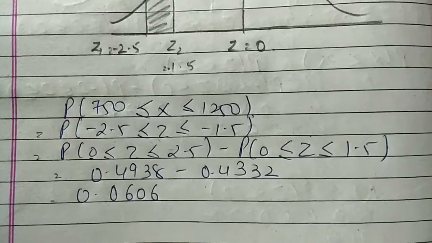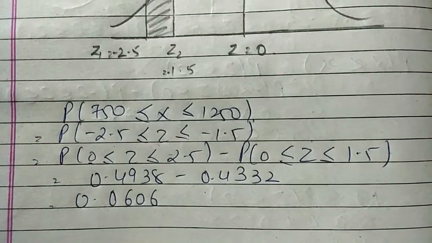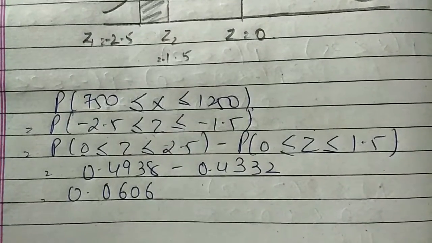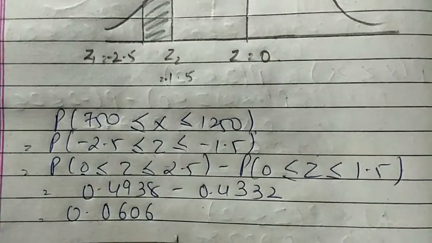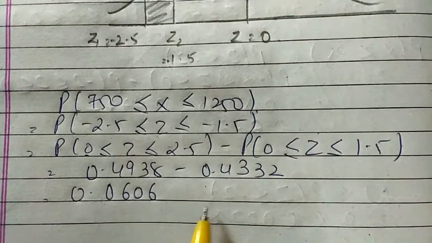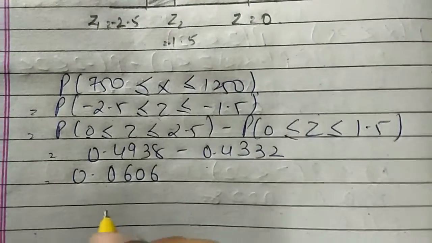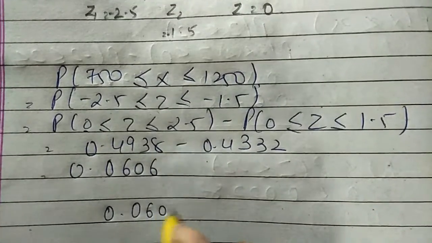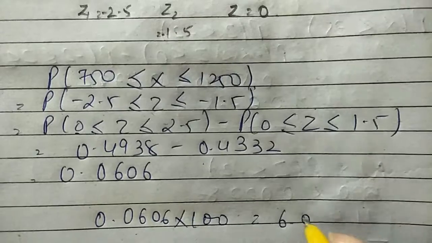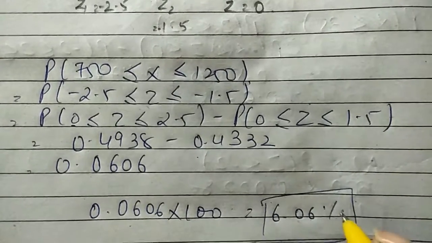Okay, hence the percentage of the students having expense between rupees 750 to 1250 is 0.0606. Now into 100 we have to do for finding out the percentage. So that is 0.0606 into 100, that gives us 6.06 percent. Clear?